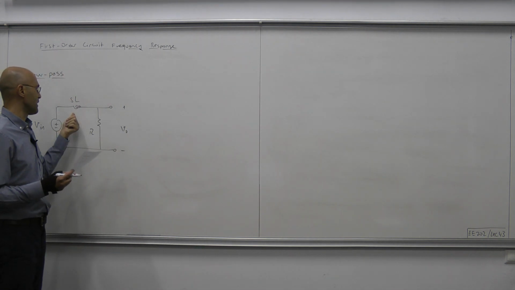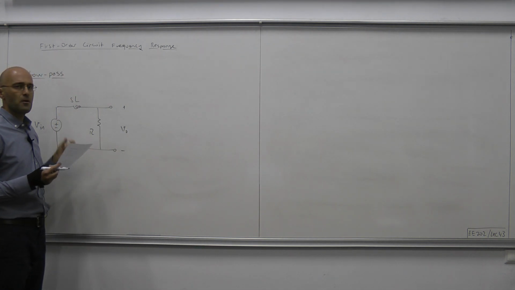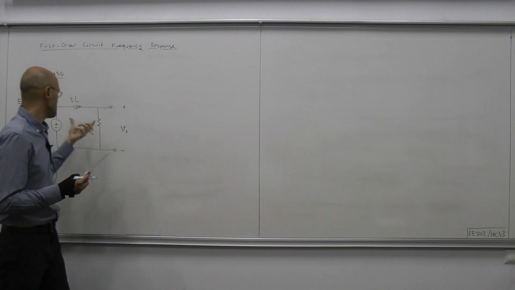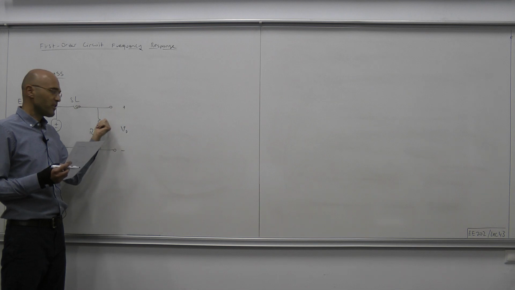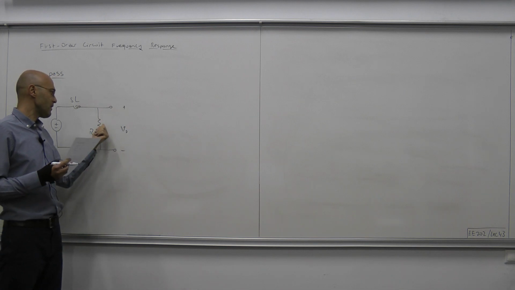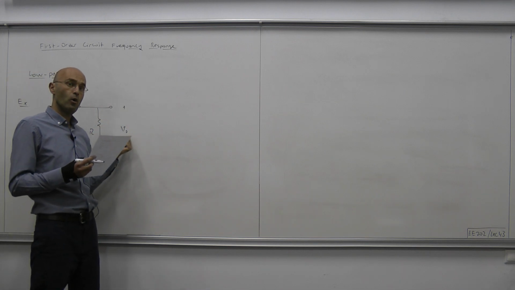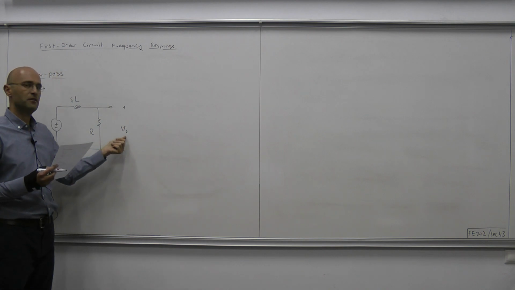So at very high frequencies, this inductor will behave like an open circuit. This being open circuit would mean there'll be very little current flowing over R, and very little current would mean very little voltage being produced at the output.